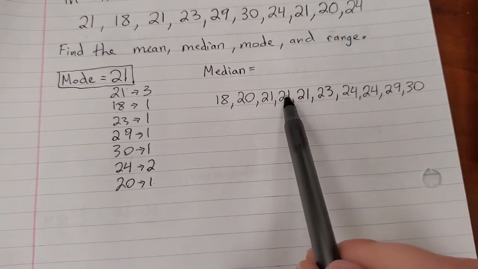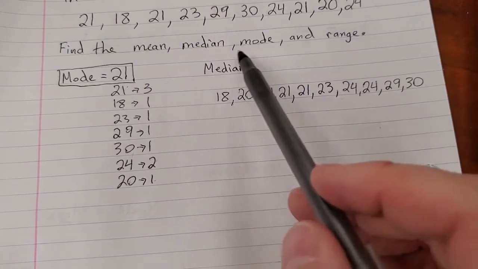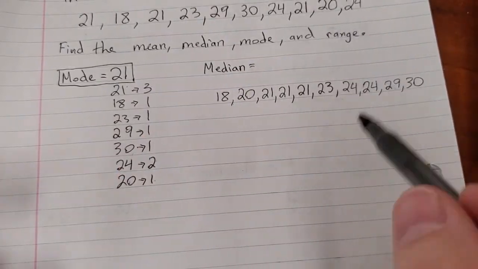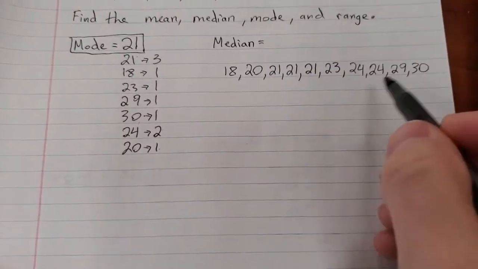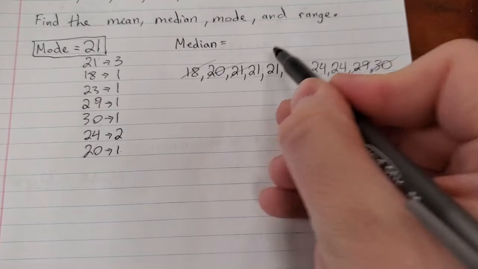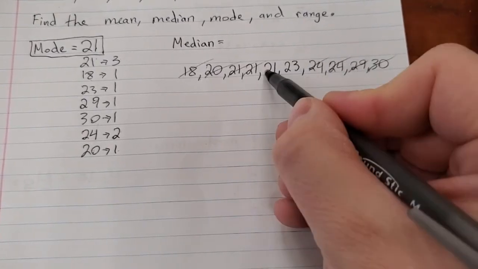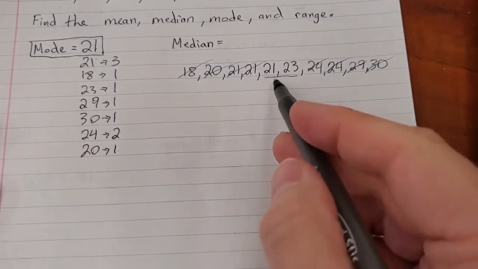So 1, 2, 3, 4, 5, 6, 7, 8, 9, 10. Make sure that the amount that there is total would line up. All right. So then we just chop off the ones on the end, one at a time, until we get to the middle 2 numbers. Because we know it's even, there's going to be 2, and we need to find the average of that.